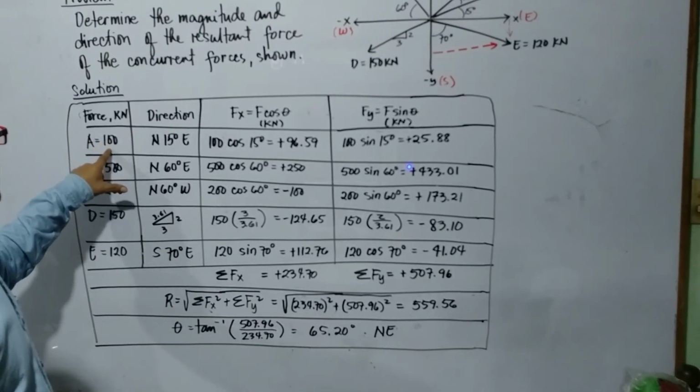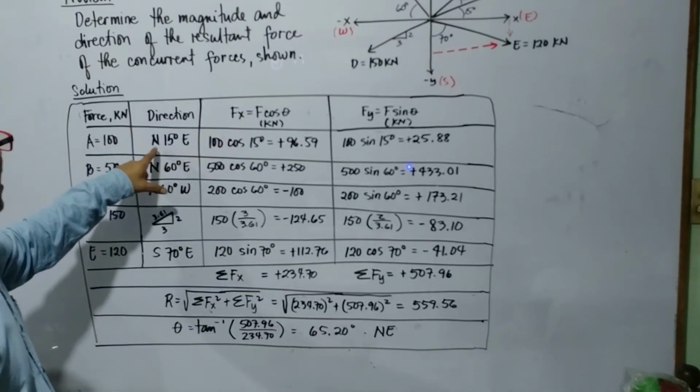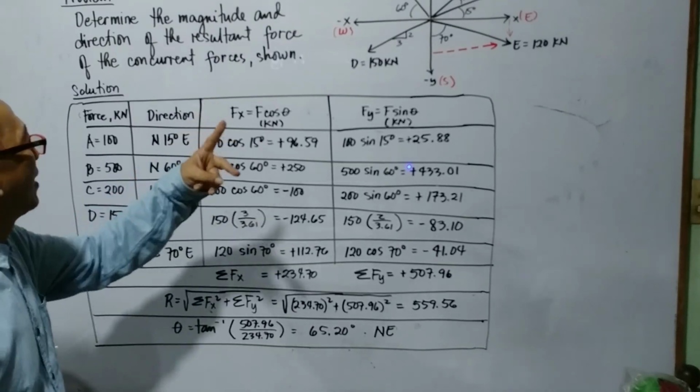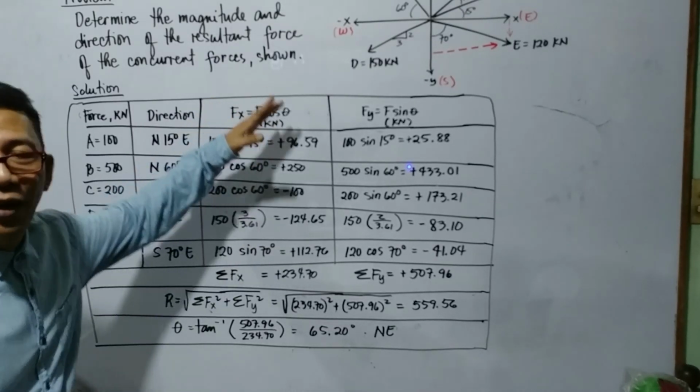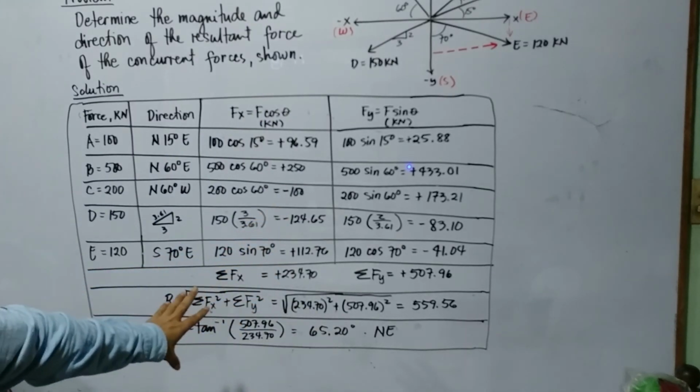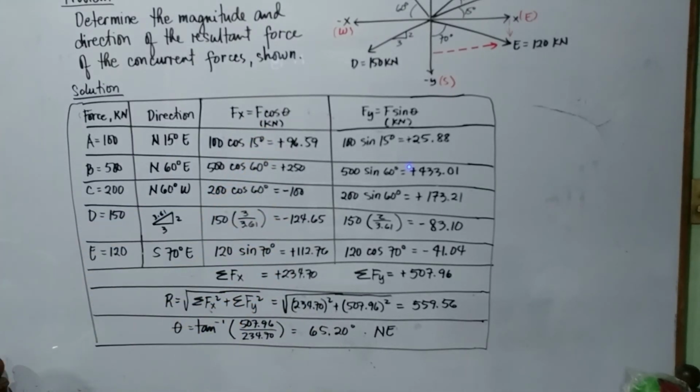For force A, the direction is northeast, in the first quadrant. So, 100 cosine 15 degrees. Guys, this is the best presentation of solution: tabulation.